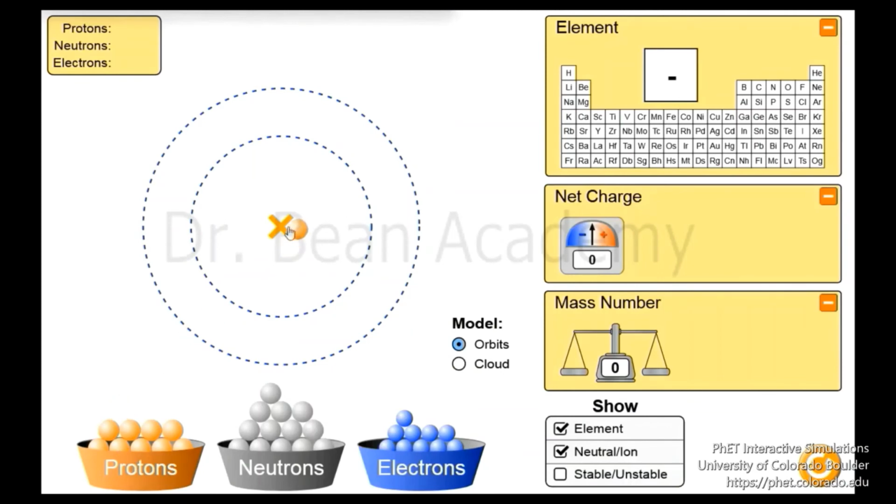So here I have protons, and I am adding protons. If there is one proton, it is hydrogen, so I will add one more. Now it is helium, and you see in the periodic table it is moving forward. Now I add a third one, it is lithium. If there are 4 protons, it is beryllium. I am not adding electrons, because I don't care about them.